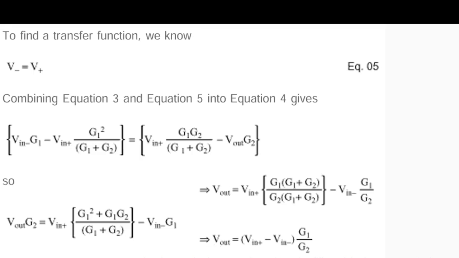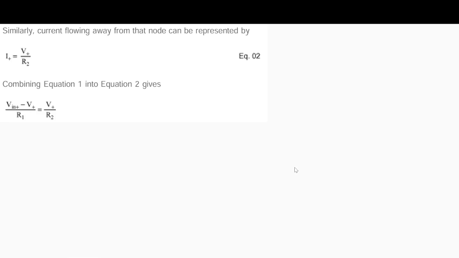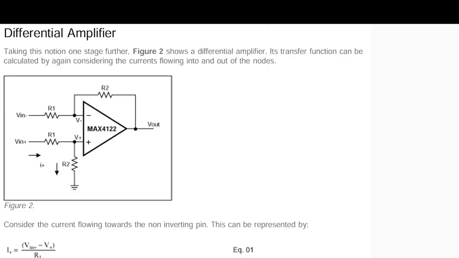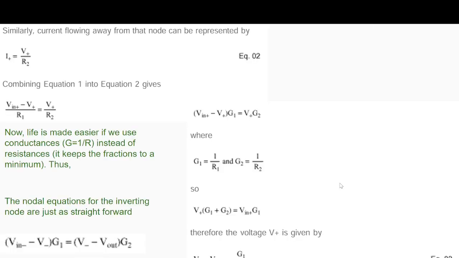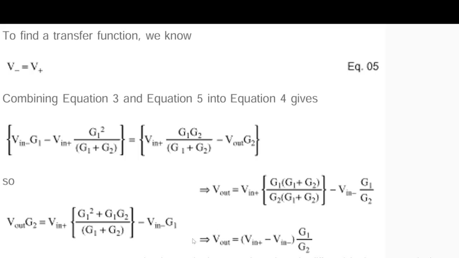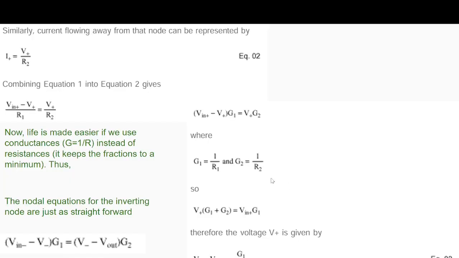In other words, the output depends on the difference voltage across the input and the gain-setting resistor, as we could expect. I do not expect students in this particular course to derive equations like this, because there is a separate microelectronics course. That's not the purpose, but you need to know this equation. This is the most important thing. G over here is the conductance, which is 1 over R. If I go back here, you see the Gs are 1 over R. R is resistance, and the symbol G is used for conductance, the reciprocal of resistance.